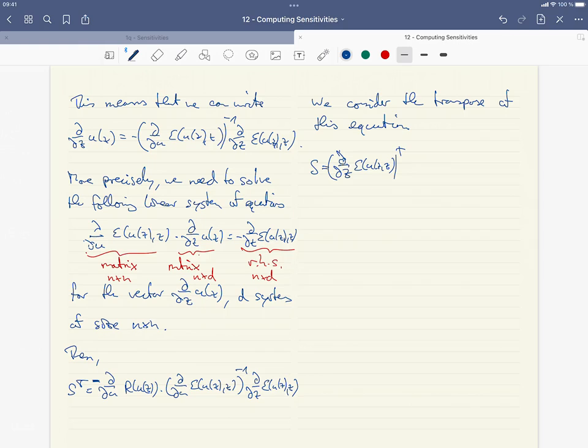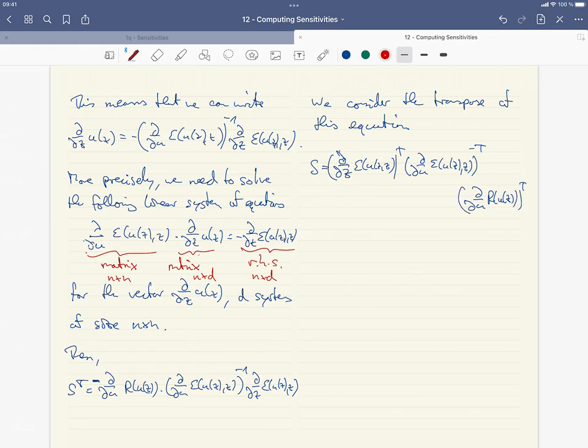Then the transpose of the inverse, which is actually the inverse of the transpose. So that interchanges if I take the transpose of the inverse or the inverse of the transpose. And then finally, I have this term here, the r of u of z, and also transpose.